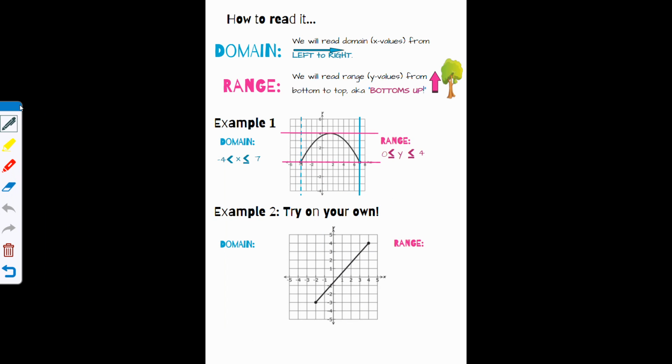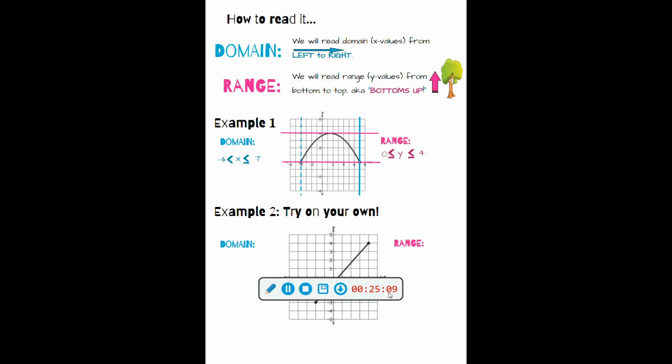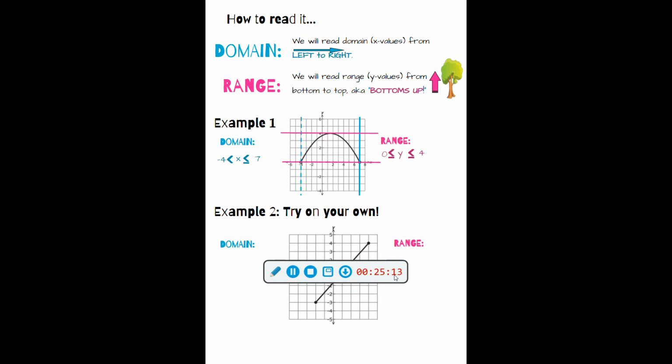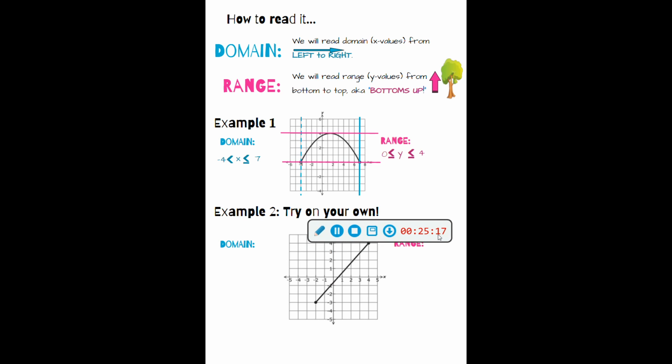And with your range, that's bottoms up. So you're going to start at the bottom. That's where I start. I would draw my pink line, and then I keep following that line until I reach the very top, right there. And then those are the values you'll be using.